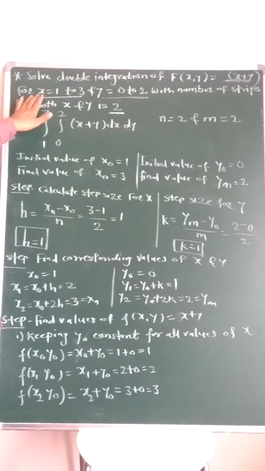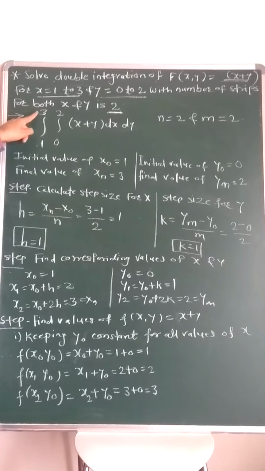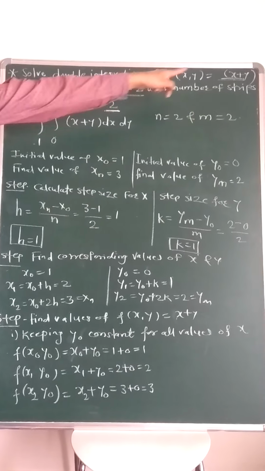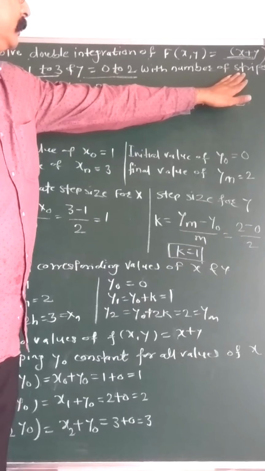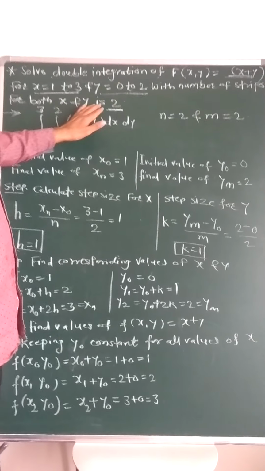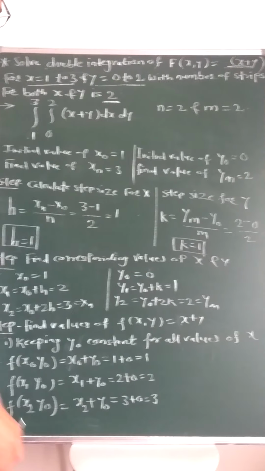For x, the limits are 1 to 3, and for y it is 0 to 2. The given function is x plus y dx dy with the number of strips n and m for both x and y being 2. Therefore, n is equal to 2 and m is equal to 2.